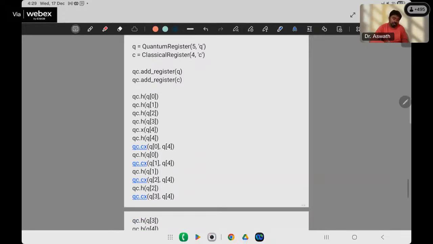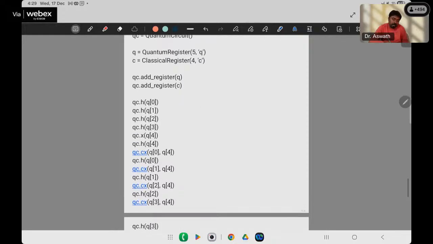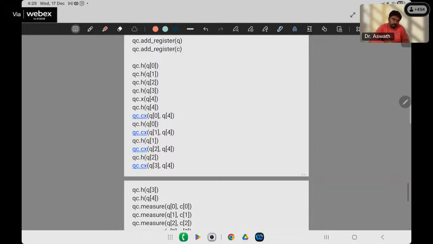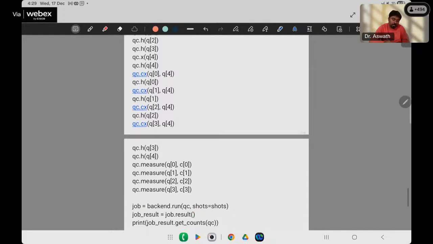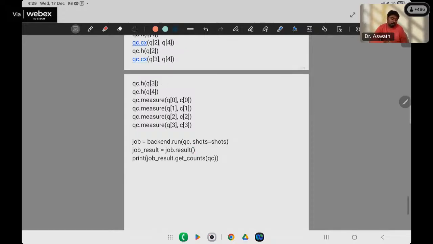And 4 classical registers are required because we make a measurement. All 4 qubit registers will go and use the classical register for storing the information. Okay. And we'll add the names Q and C, and here we will have Hadamard gates from Q0 to Q4, and the controls from 0 to 4, 1 to 4, 2 to 4, 3 to 4, and Hadamards for 3 and 4.